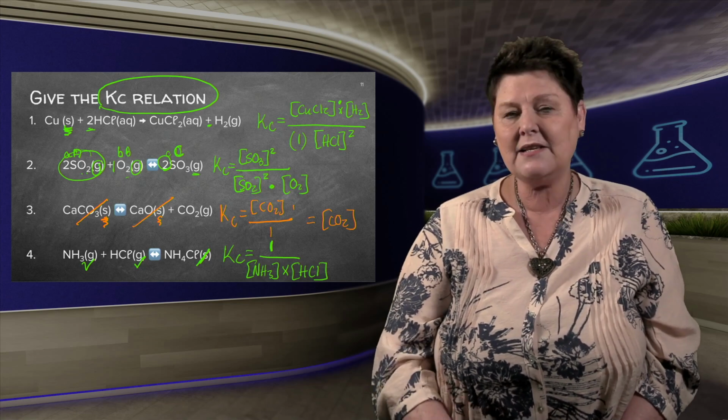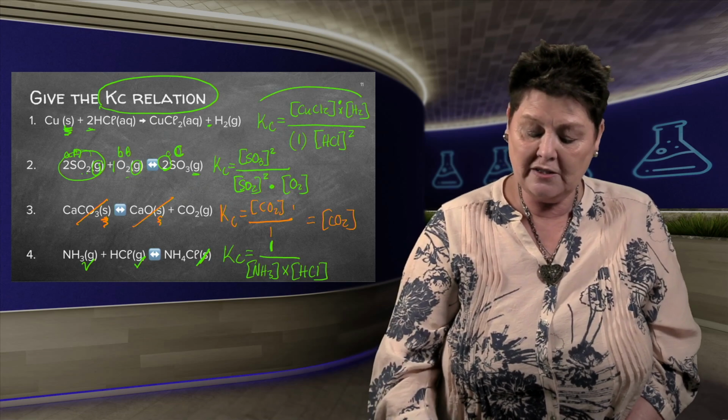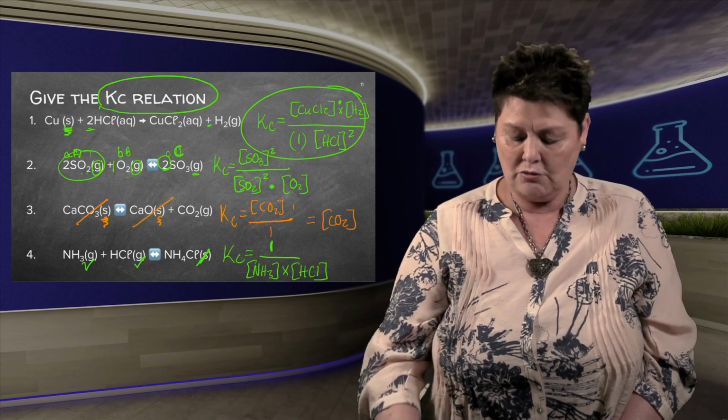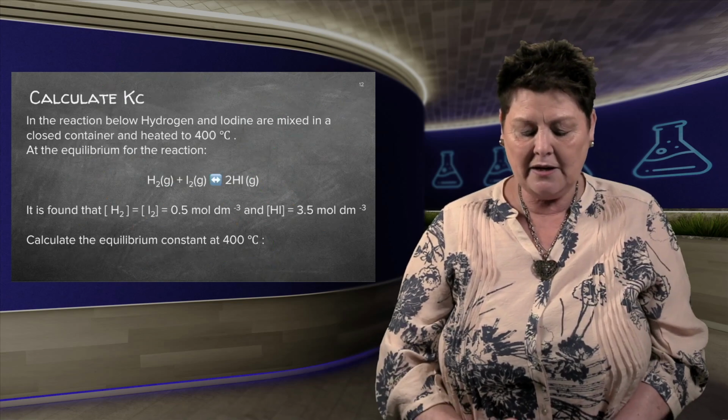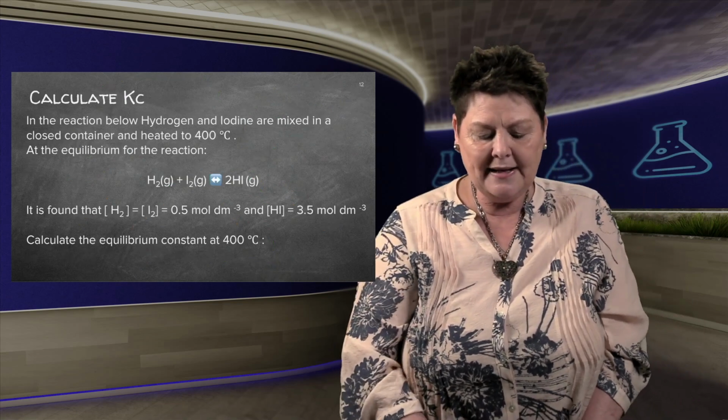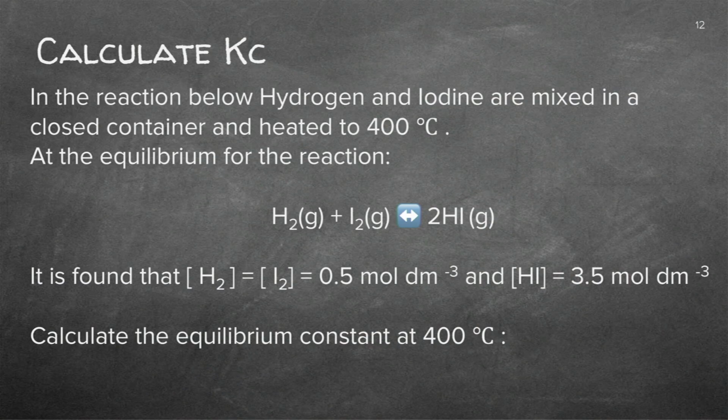So the first exercise we did was firstly to determine what the Kc is and to write the Kc. Now we're going to get a question. Calculate the Kc if we've got the reaction of hydrogen with iodine, and at a temperature of 400 degrees Celsius, it gives me equilibrium.